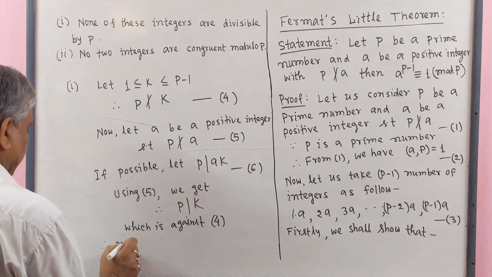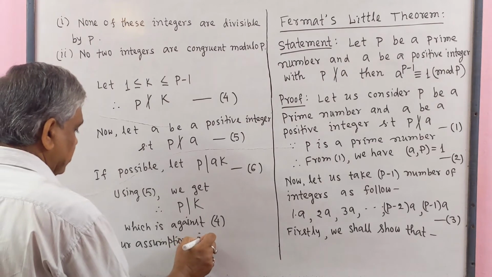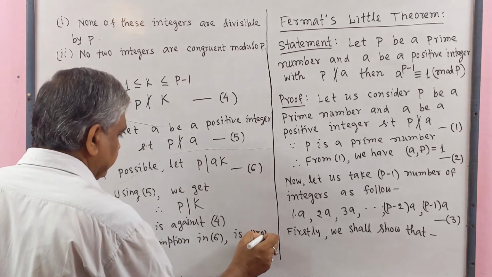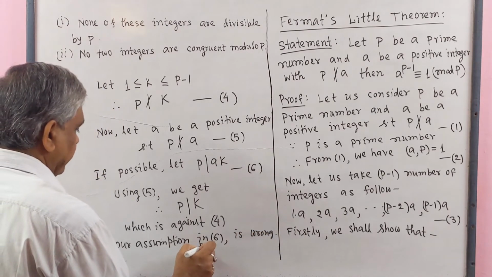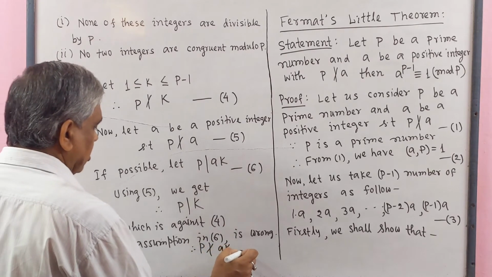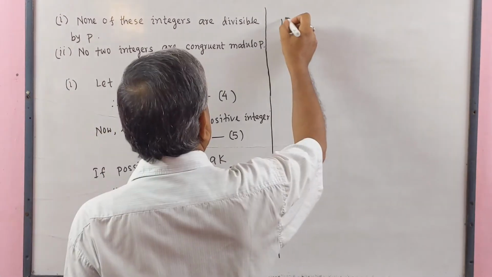Therefore, our assumption in 6 is wrong. Therefore, P does not divide AK. This is number 7.